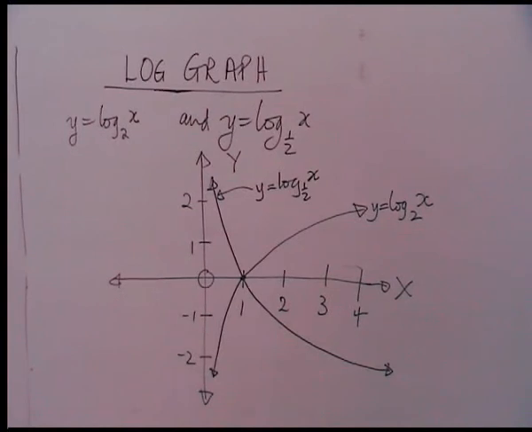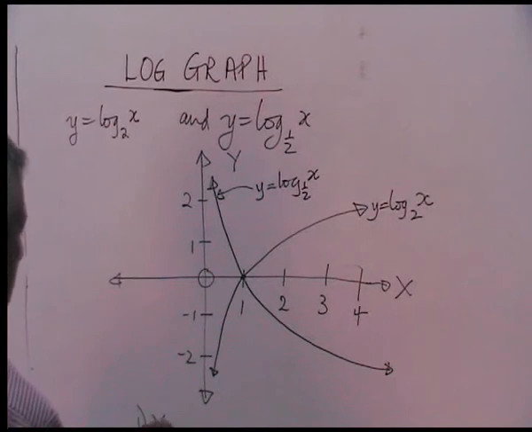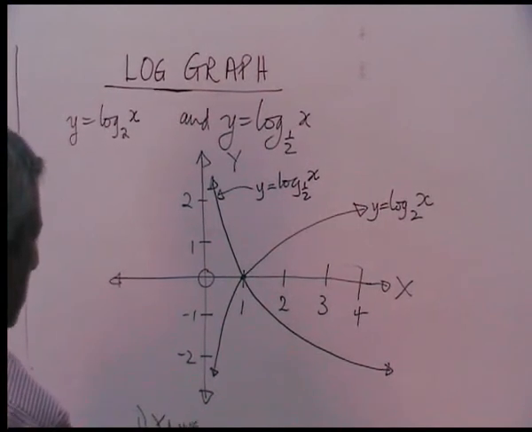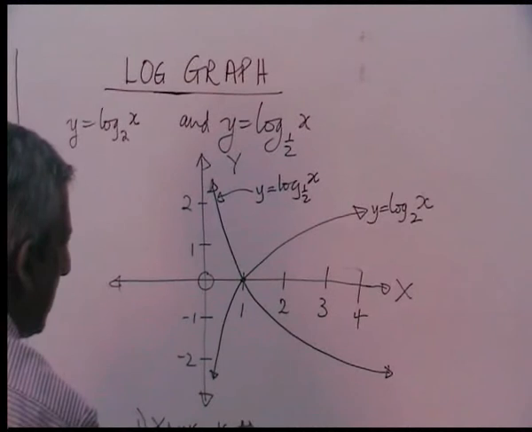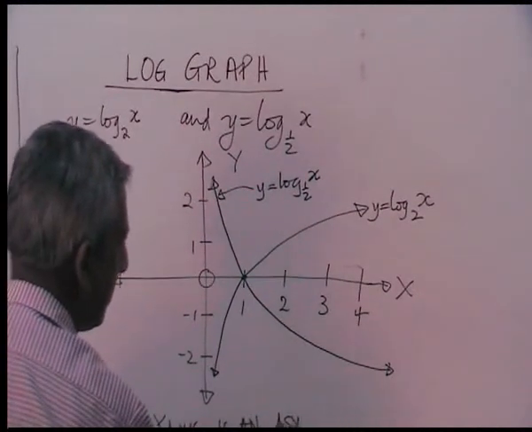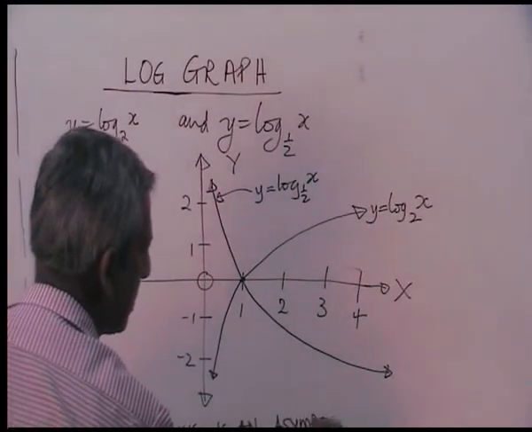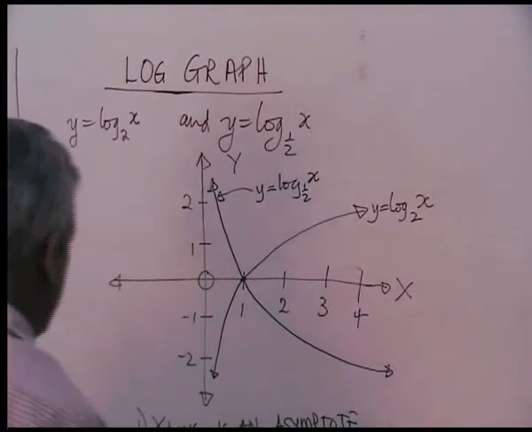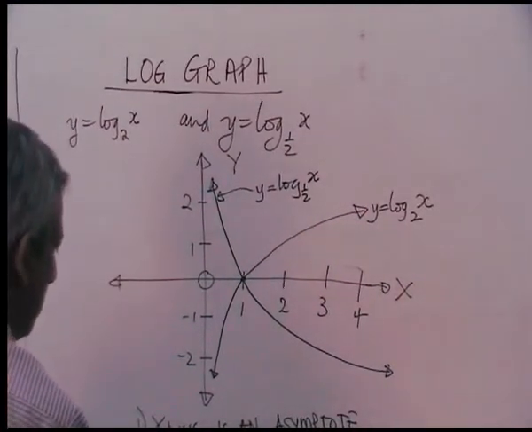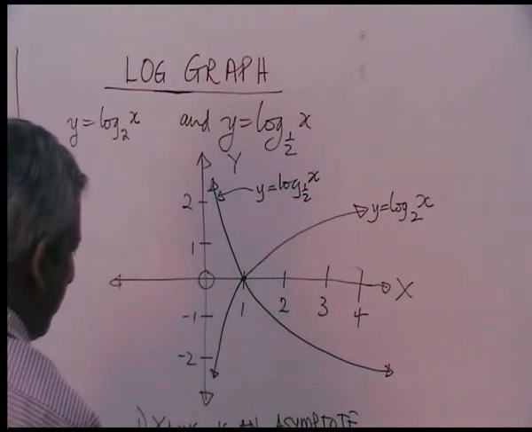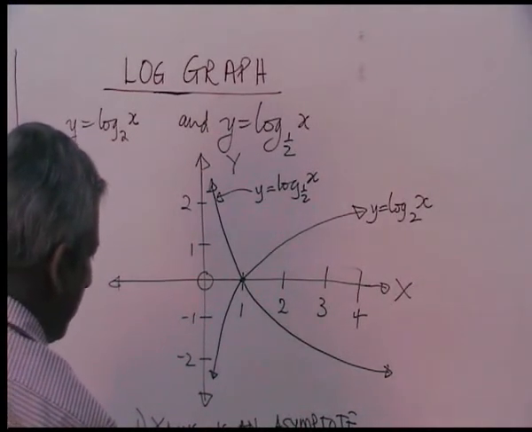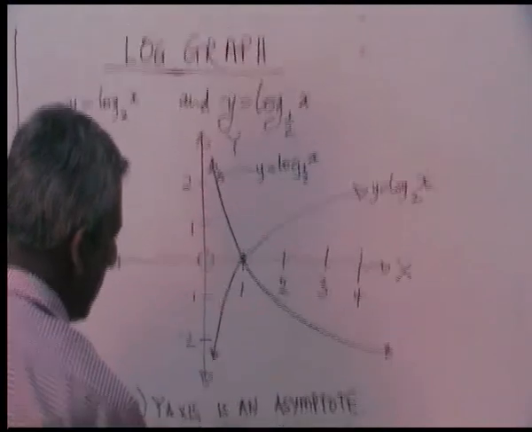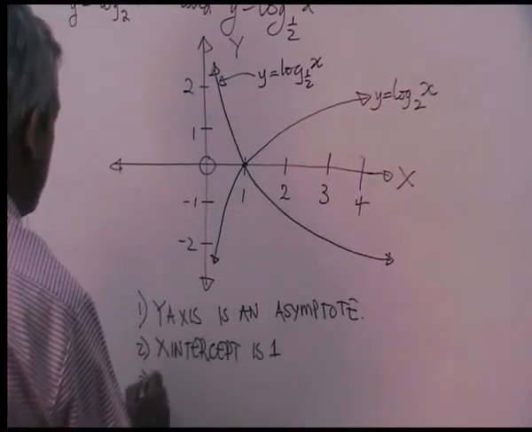And the features of this graph, like we explained to you before: if you talk about features or characteristics, number 1, the y-axis is an asymptote, and number 2, the x-intercept is 1 and 3.